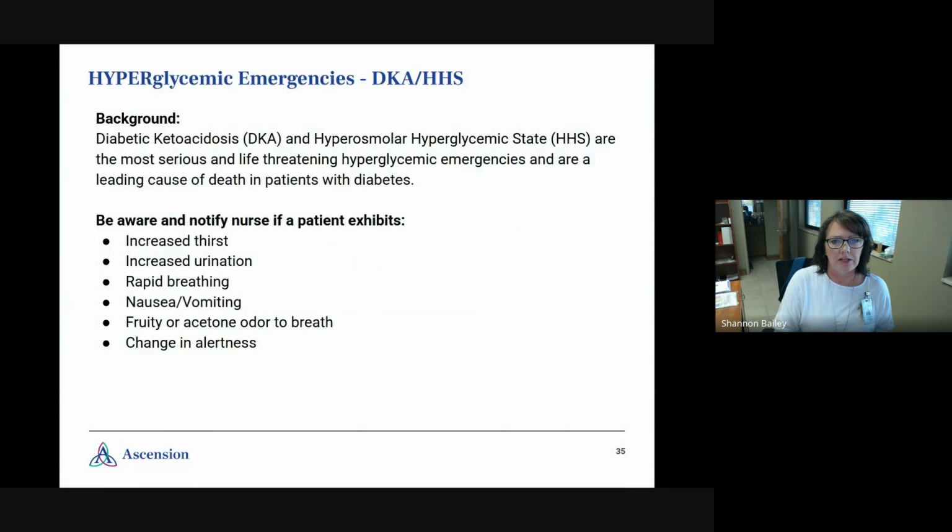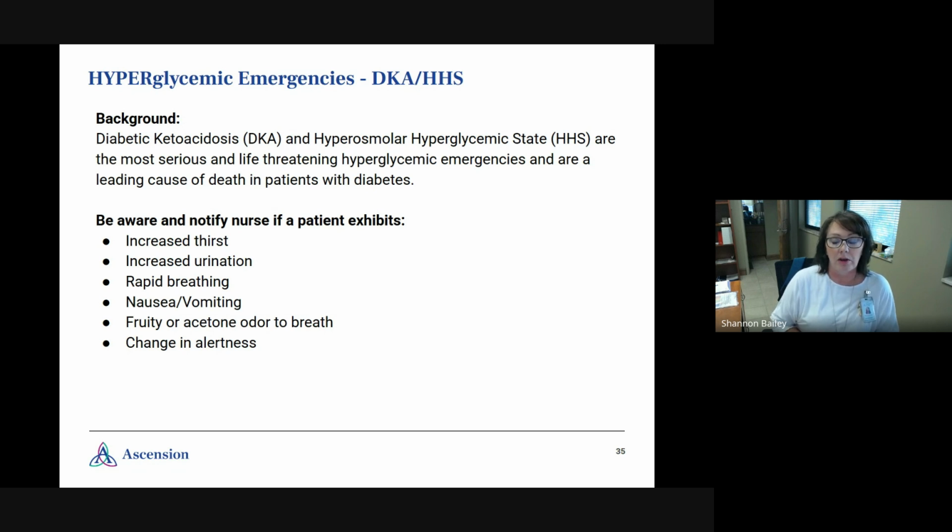So let's talk about DKA and HHS. We talked a little bit about DKA earlier, not so much HHS, which is called hyperosmolar hyperglycemic state or syndrome. They are the most serious and life-threatening hyperglycemic emergencies that can occur with people with diabetes and a leading cause of death for those.